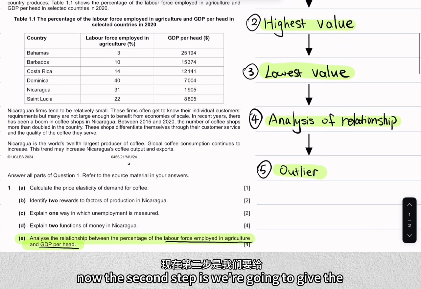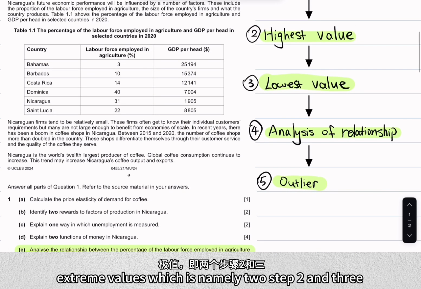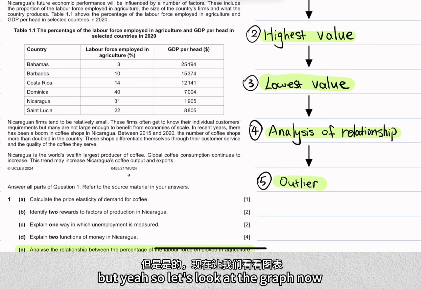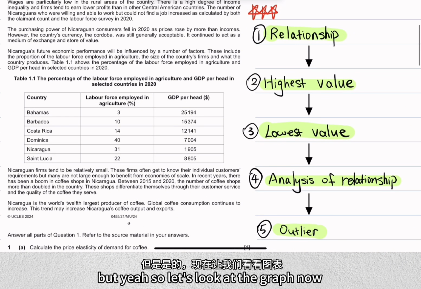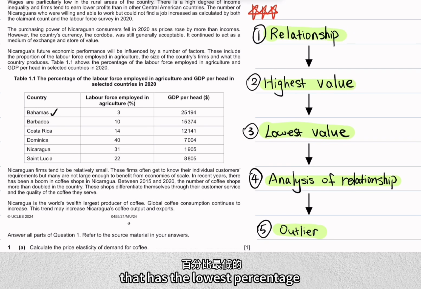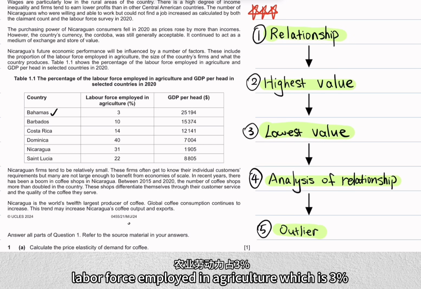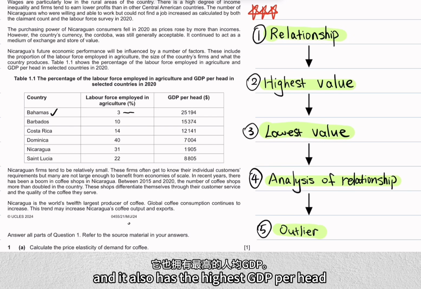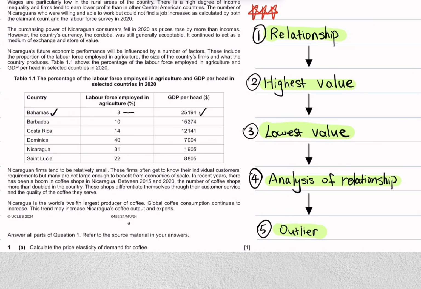Now the second step is we want to give the extreme values, which is namely steps 2 and 3. Let's look at the graph. Here we can see that Bahamas is the country that has the lowest percentage of labor force employed in agriculture, which is 3%, and it also has the highest GDP per head.